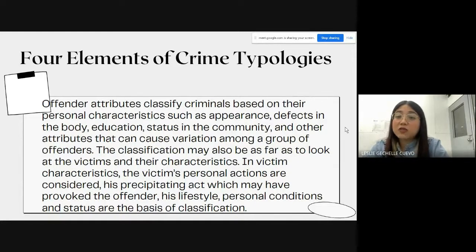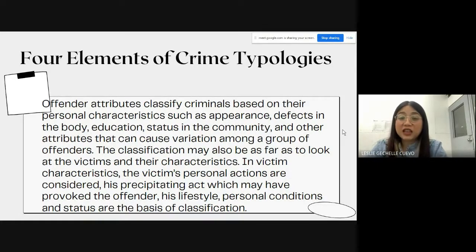So the classification may also be as far as to look at the victims and their characteristics. Yun na nga yung victim profiling. In victim characteristics, the victim's personal actions are considered his precipitating act, which may have provoked the offender. Baka naman yung mga biktima, ito yung mga mapang-asar, ito yung mga pasmado yung bunganga, kaya sila na biktima.